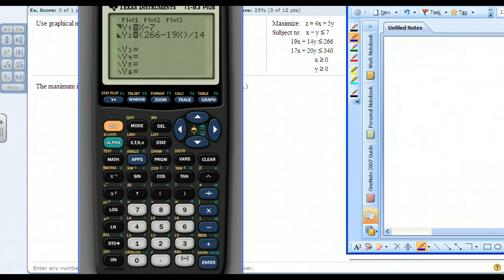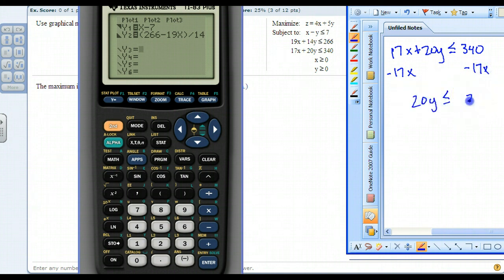Alright, and then the next one I've got 17x plus 20y less than or equal to 340. Same thing, subtract the 17x, 20y is less than or equal to 340 minus 17x divided by 20.